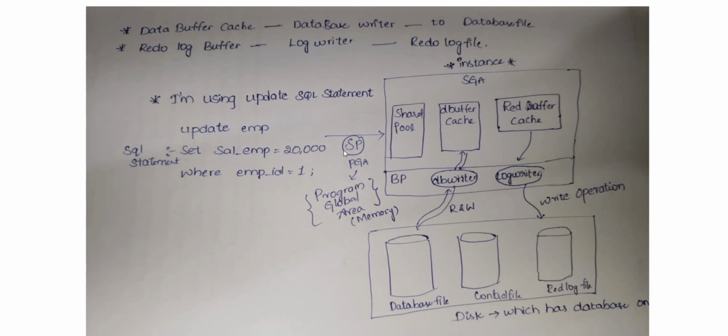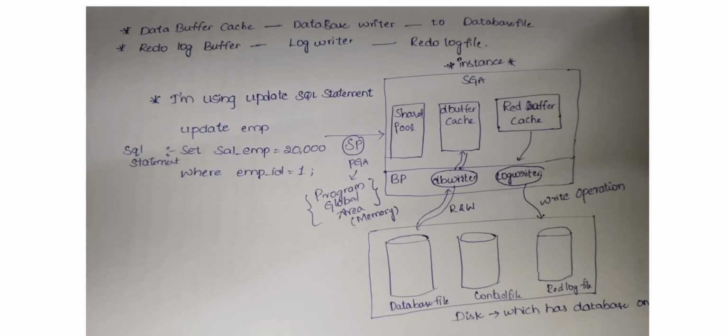I gave an example, that is an SQL statement with update. If we want to update the salary of a person whose employee ID is 1, then the before and after values are classified into blocks.